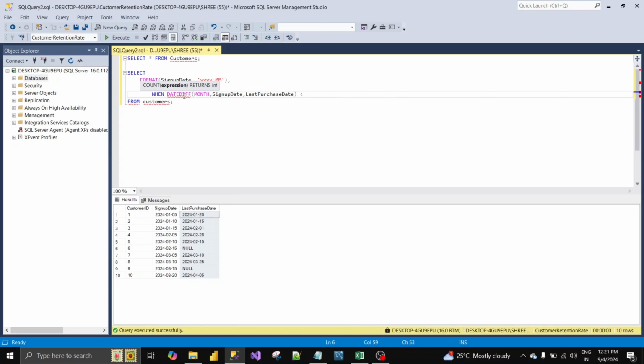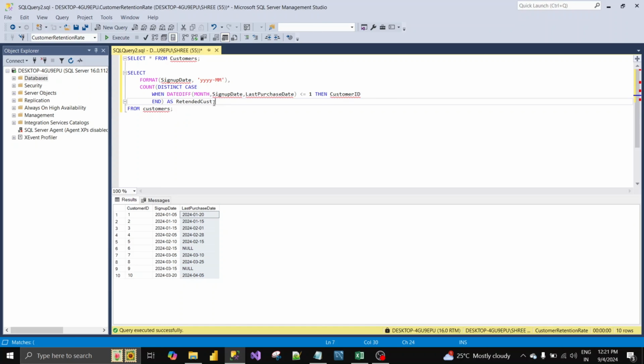This should be less than or equal to 1, and if this condition matches, then we need to display the customer ID. So I am just giving this end as retained cust. Okay, we need to complete the bracket here.